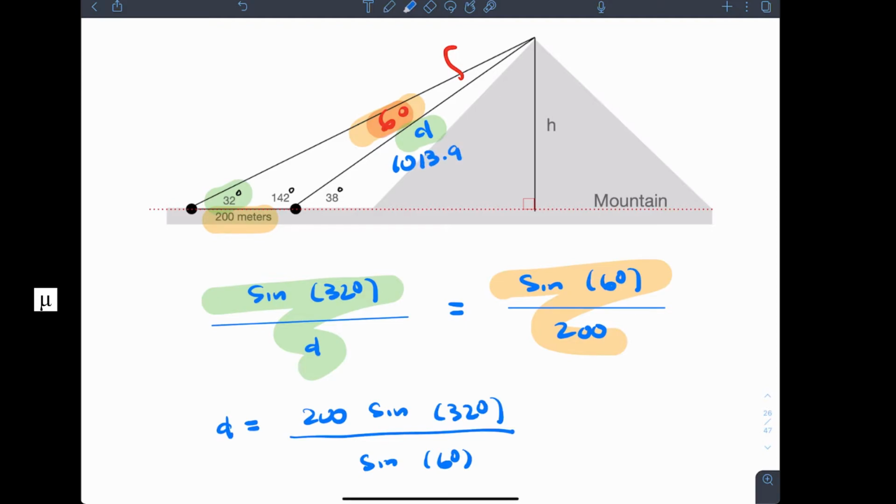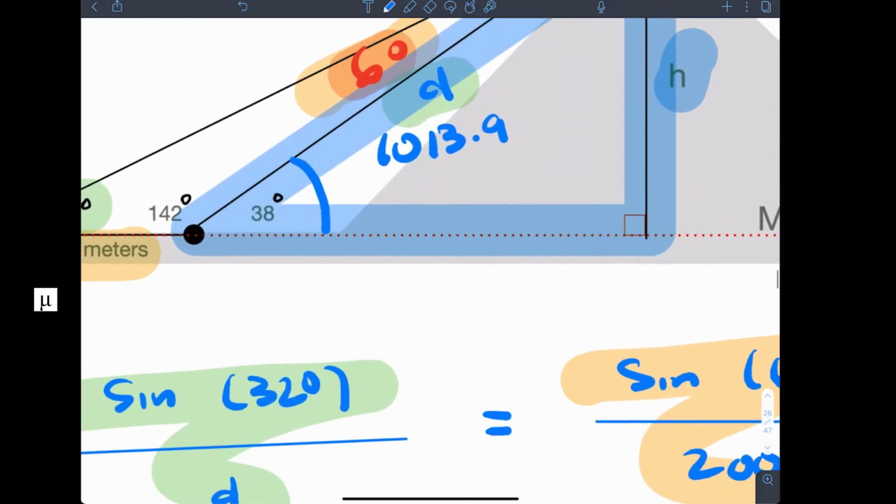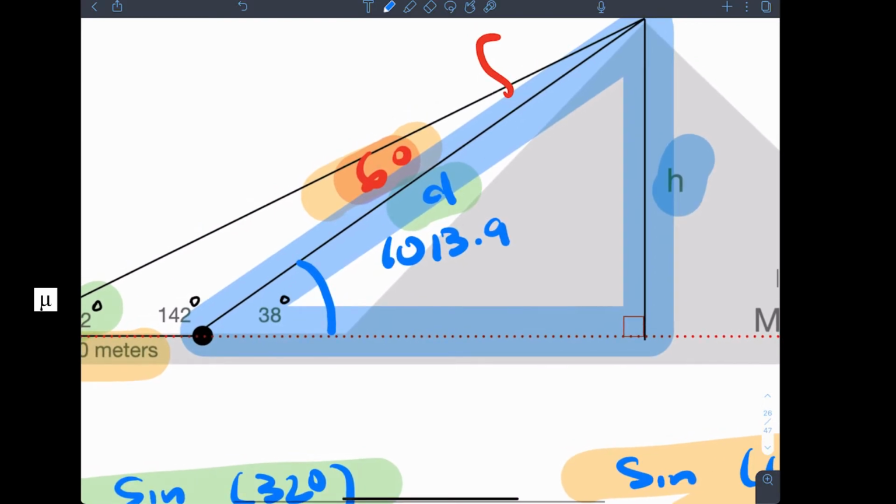You know what that does for you, ladies and gentlemen? You have a right triangle there, and we can find now the altitude, right? Because we have this angle being 38 degrees right in here. If you guys remember, that was the angle of elevation for the second measurement. So do you guys notice that pattern?